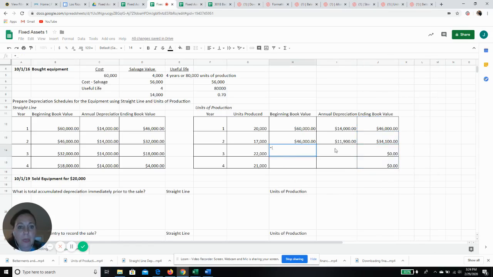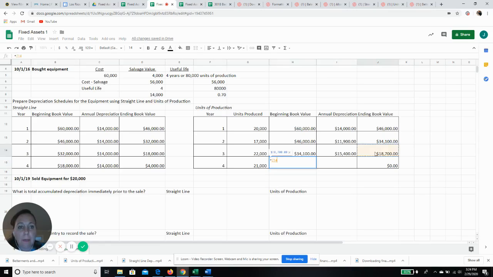That becomes my beginning book value for year 3. In year 3, I produced 22,000 units times 70 cents a unit rate of depreciation. That gives me annual depreciation of 15,400 and an ending book value of 18,700 at the end of year 3.